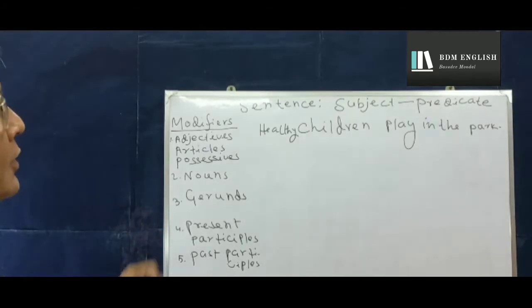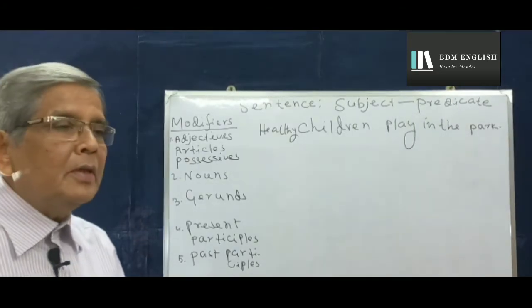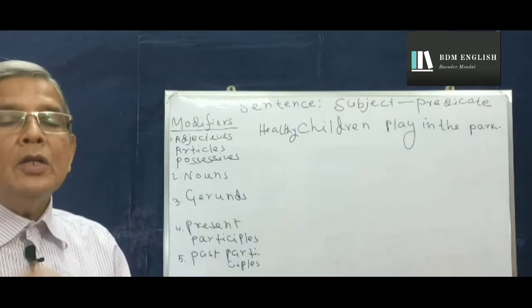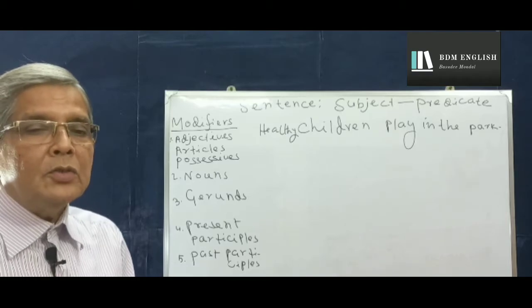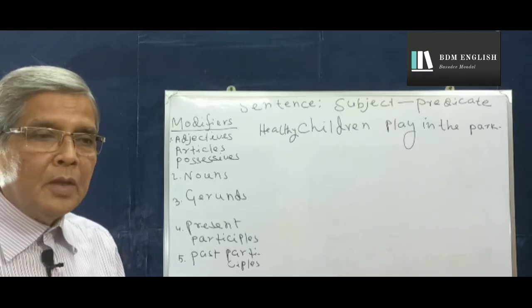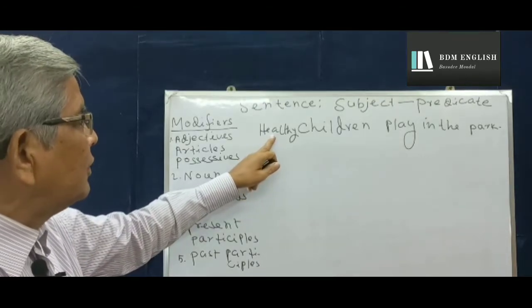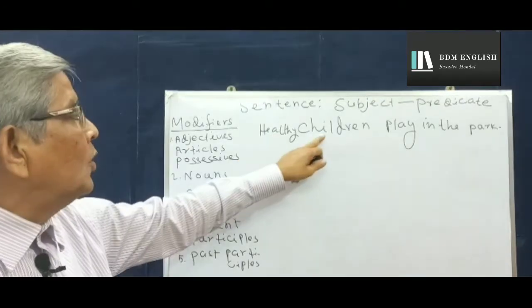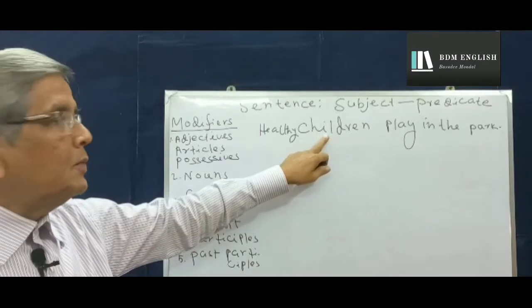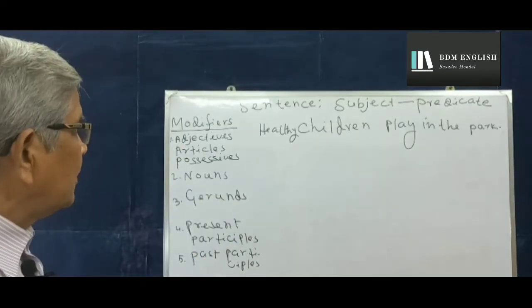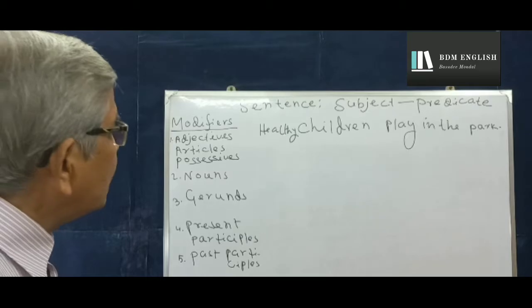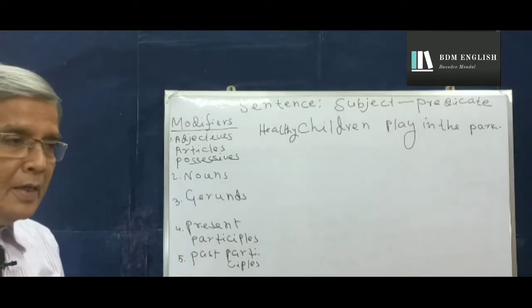When we say healthy children, we exclude many other children who are not healthy and so do not usually play. Therefore, the modifier healthy restricts or limits the meaning of the noun children. Adjectives are the most widely used modifiers.